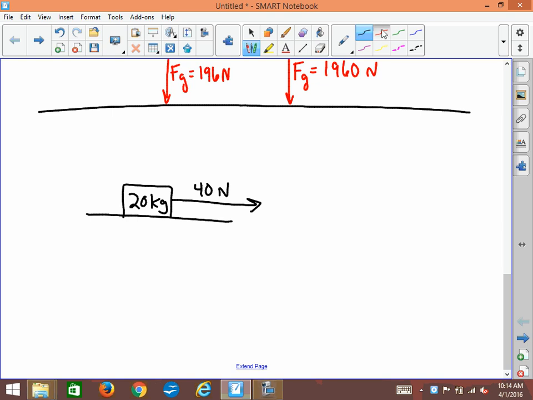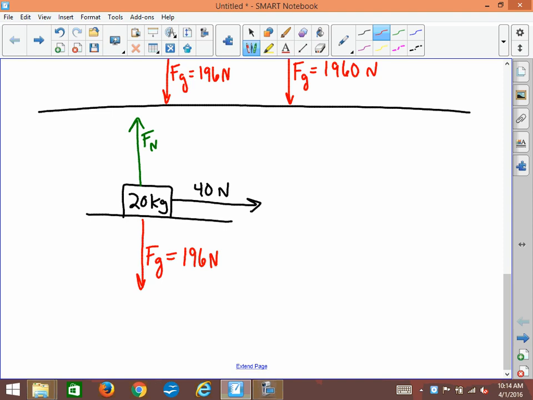Now let's also draw in our force of gravity. And now we know that there's another force called the normal force, which would be going up against gravity, the ground pushing back. Now the gravity force we figured out. It's mg, 20 times 9.8, or 196 newtons. Okay, that's the same as before.